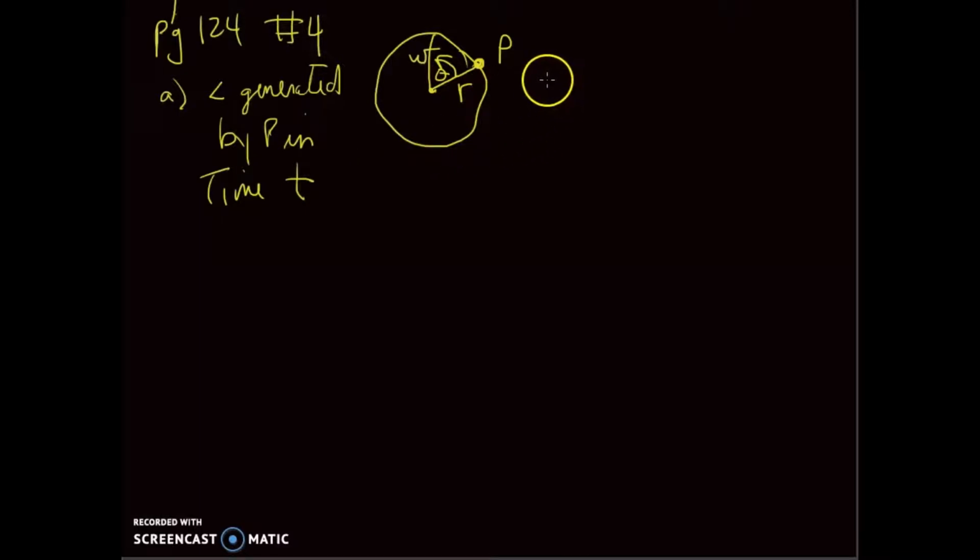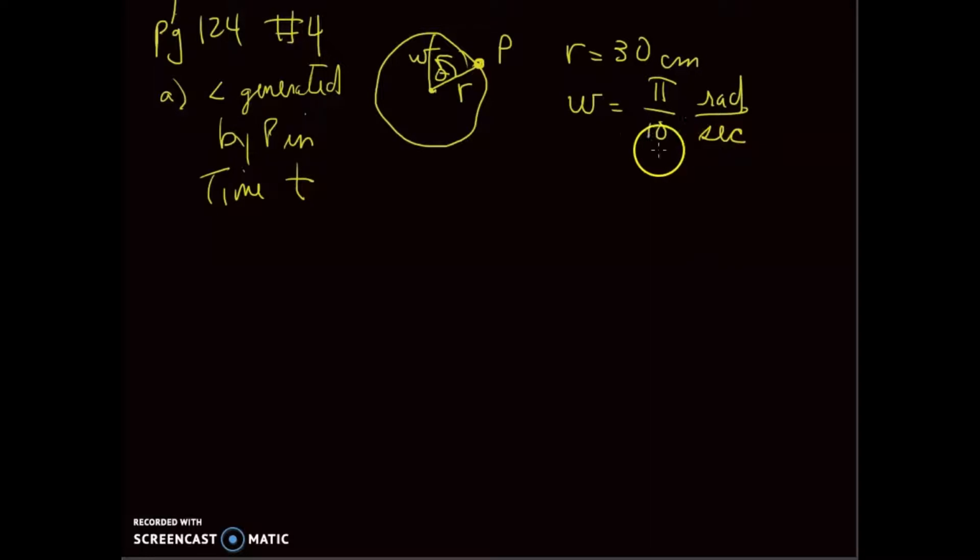In number 4, r is equal to 30 centimeters. Omega is pi over 10 radians per second. And t is 4 seconds. So we need to find the angle generated, that theta generated by this.